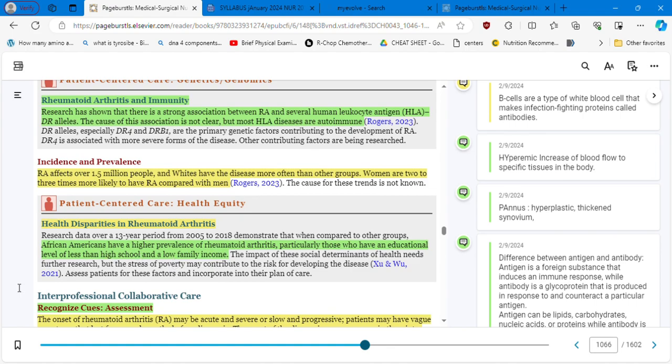Incidence and prevalence. RA affects over 1.5 million people, and whites have the disease more often than other groups. Women are 2 to 3 times more likely to have RA compared with men.